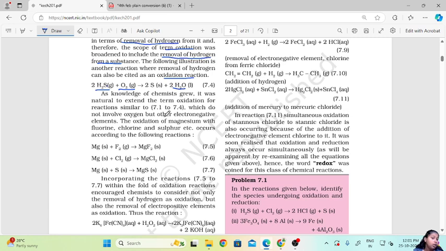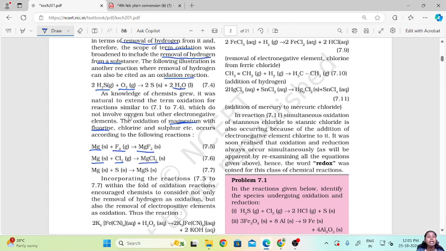For example, oxidation of magnesium with fluorine. When we oxidize magnesium with fluorine, you can see both the molecules do not have oxygen involved. There is magnesium and fluorine. So when we combine magnesium with fluorine, it becomes MgF2. Again, when we combine magnesium with chlorine, it becomes MgCl2.